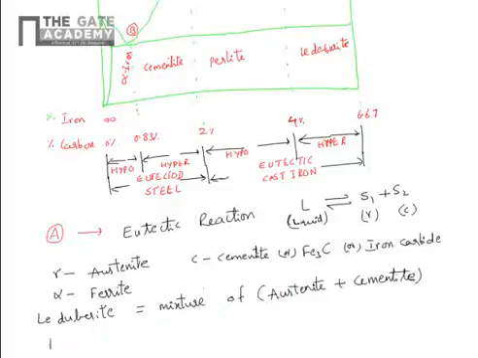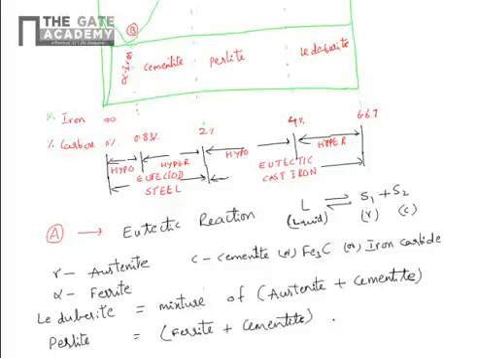Next one is perlite, which is a mixture of ferrite and cementite. That is eutectic reaction at A, which is more important.